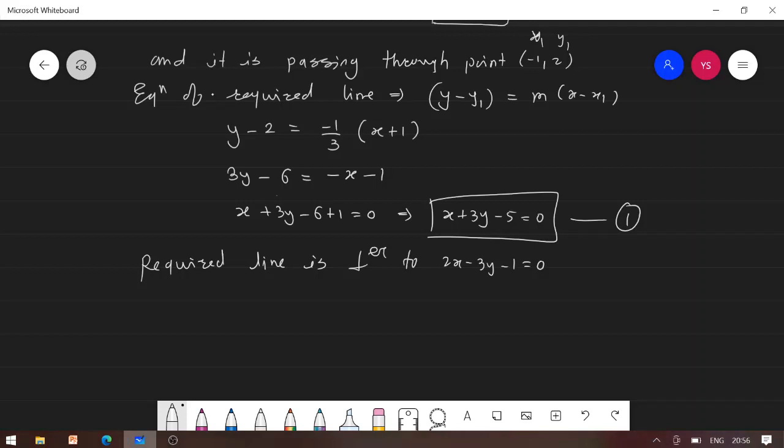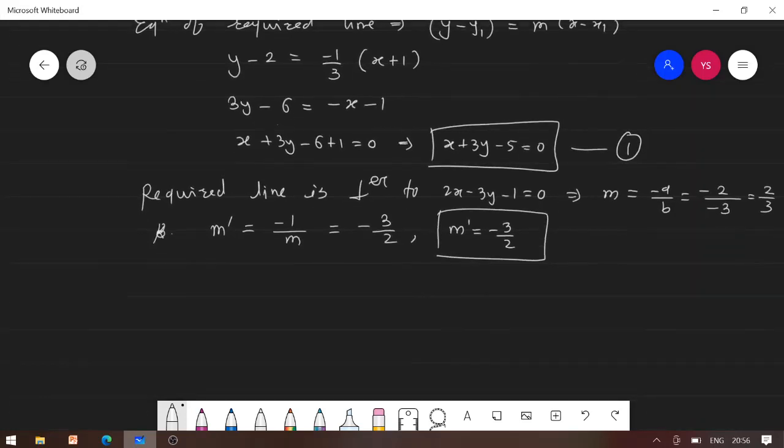So the slope of this line is m = minus a by b, where a is the coefficient of x, which is 2, and b is the coefficient of y, which is -3. So minus minus becomes plus. Now the required line is perpendicular to the given line, so the slope of the required line, m dash, is the negative reciprocal of the given line's slope, which is minus 3 by 2.